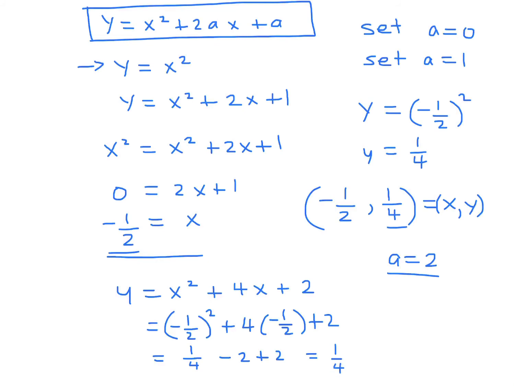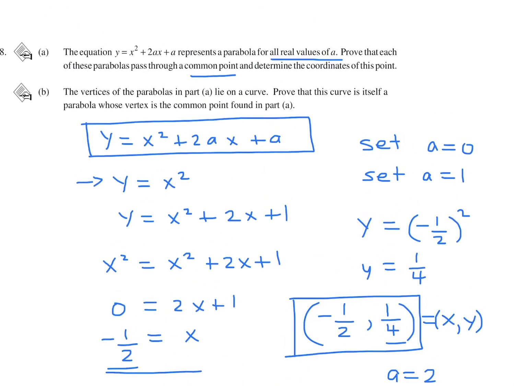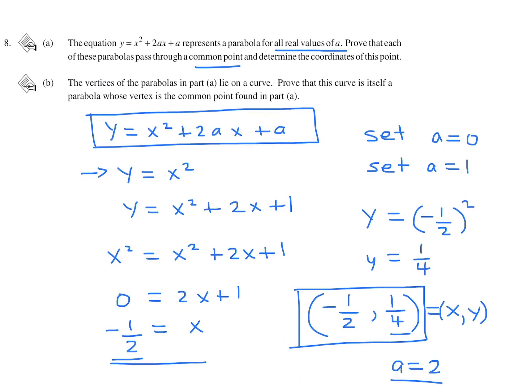So we get the same value for y. All right? So no matter what you put in for a, this coordinate will always be one point on the parabola. So we proved that each of these parabolas pass through a common point, and the coordinates of that point are negative 1/2 and a quarter.